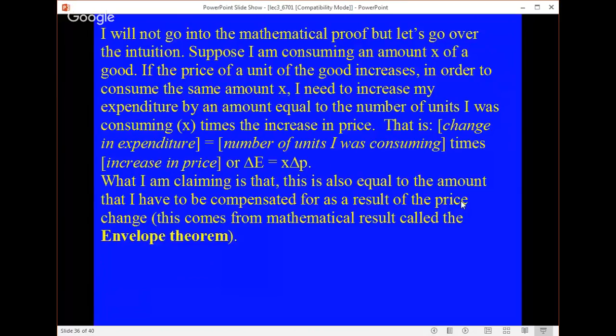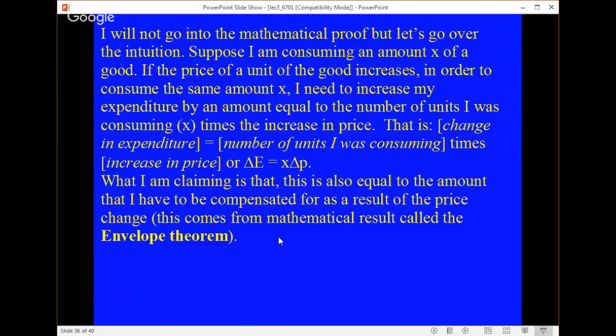So the change in E equals X times the change in P. What I'm claiming is that it's also equal to the amount that I have to be compensated as a result of the price change.